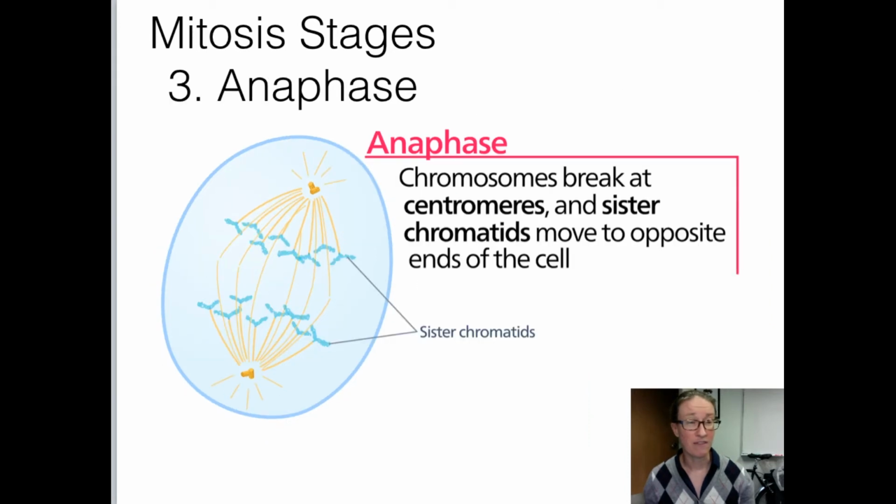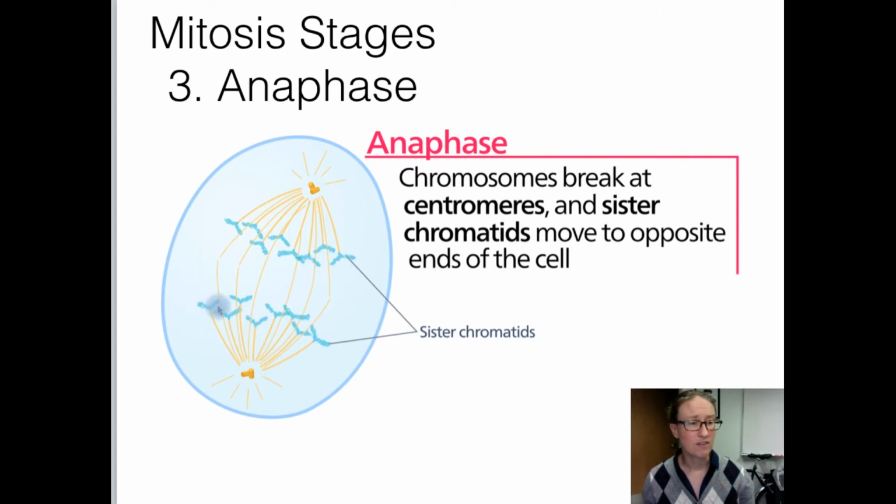So from there we go from metaphase to anaphase. So I like to think anaphase starts with A, or with ana, which means apart. So anaphase is where the chromosomes snap apart, and I actually even like to imagine a little snapping noise as they separate at the centromeres, and now the sister chromatids are going to move to the opposite ends of the cell.